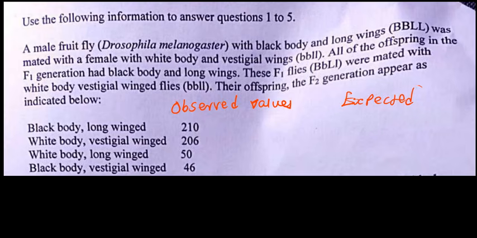These are going to be obtained by using the ratios which we are supposed to find. Since I already know what the ratios are going to be here, I would have gone straight forward to calculating the chi-square. But we are going to go step by step on how you come up with the expected values. Then later on we are going to calculate.